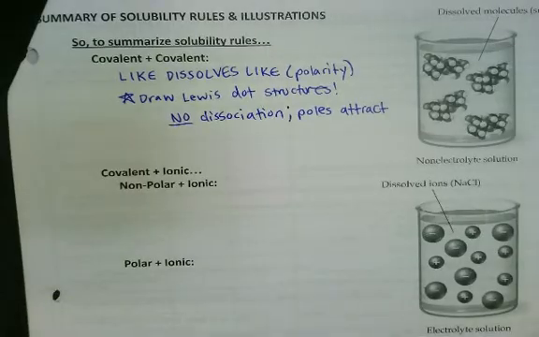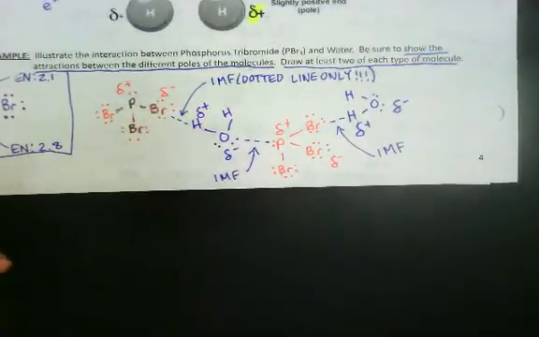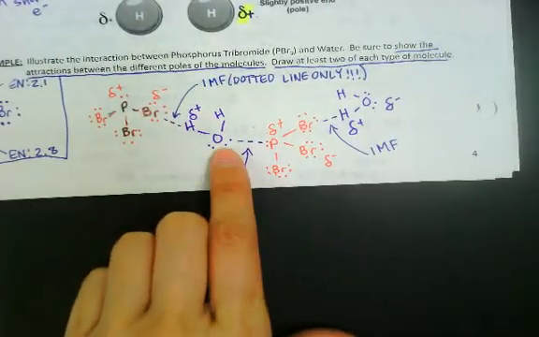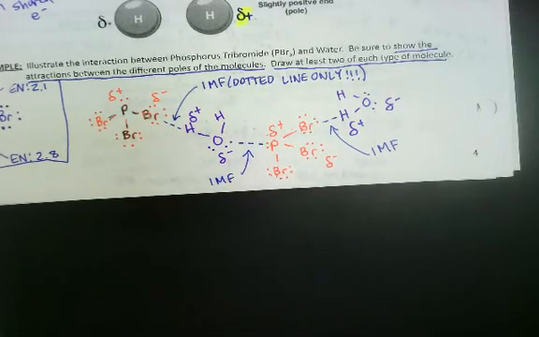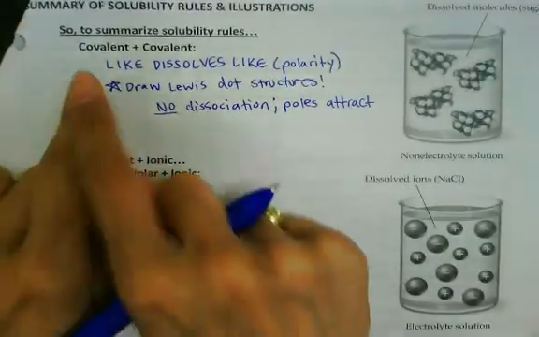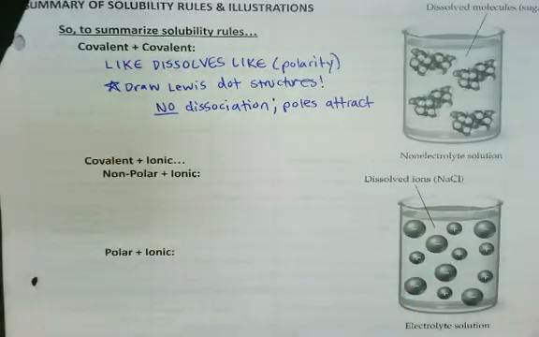Like dissolves like, draw the Lewis dot structures, no dissociation, the poles attract. So that was what we did over here. We showed the poles attracting, dotted lines only. We're not forming a bond, it's just an intermolecular force. And that is what you do when you have two covalent substances, two things just made up of nonmetals.